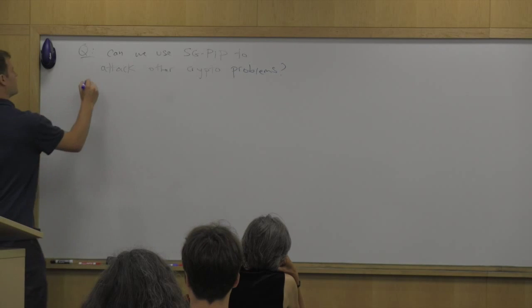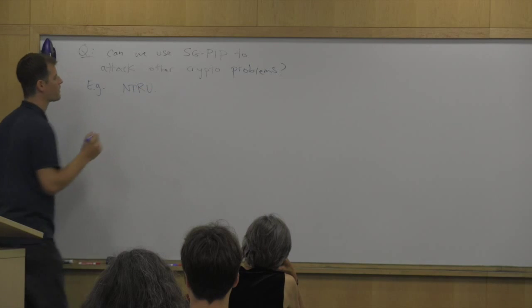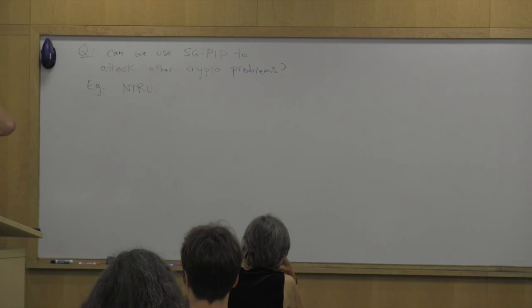So for example, NTRU. NTRU is the cryptosystem and associated problems introduced by Hoffstein, Pipher, and Silverman in 1996 or so.